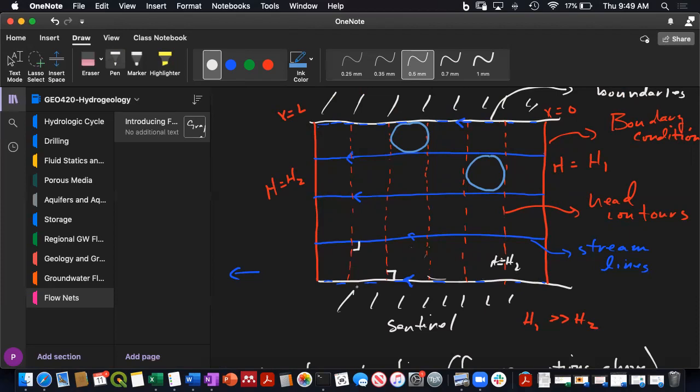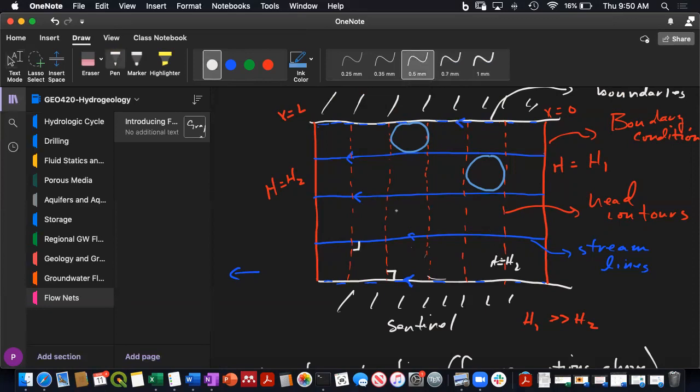Oftentimes it's easier if you can start at a no flow boundary because you know what a streamline looks like right there. It is the no flow boundary. But I usually start with a streamline. It helps me in my mind decide what this thing's going to look like. And then I try to divide the space up as evenly as I can with streamlines, and then add head contours. As configurations change, you're going to have to do this iteratively. So an eraser is critical.